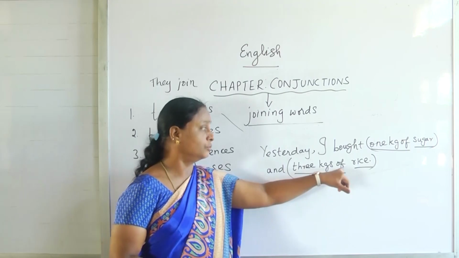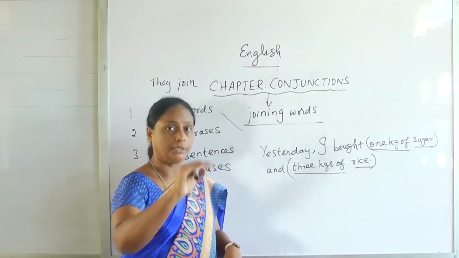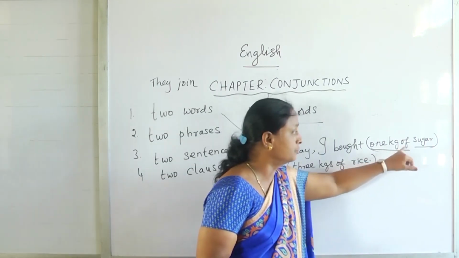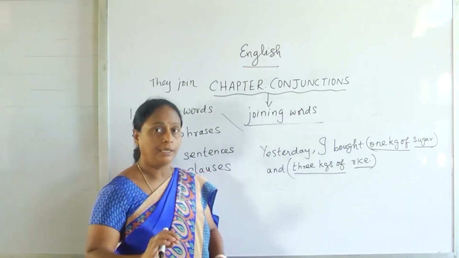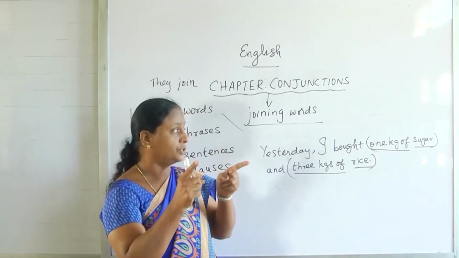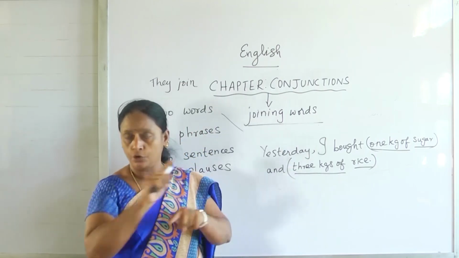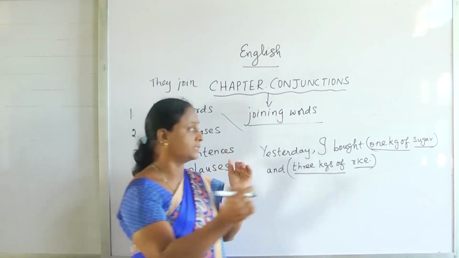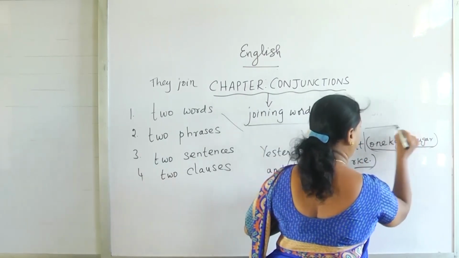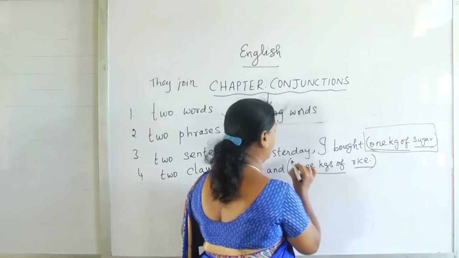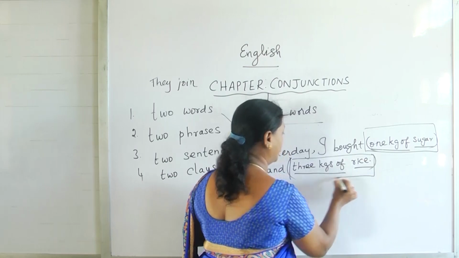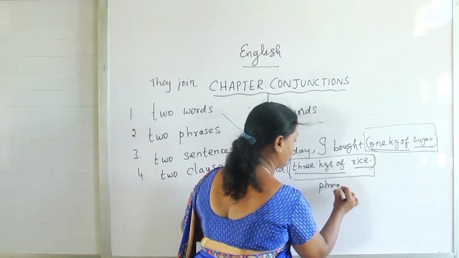So 1, 2, 3, 4, four words are there. Here also 1, 2, 3, 4, four words. Will that, 1 kg of sugar, 3 kgs of rice, give a complete meaning? No. So that part, 1 kg of sugar and 3 kgs of rice, becomes a phrase.